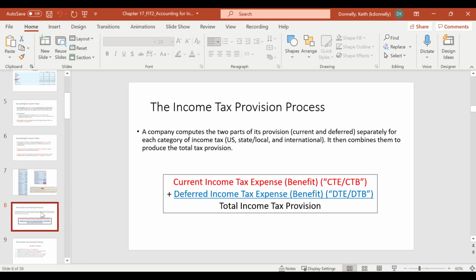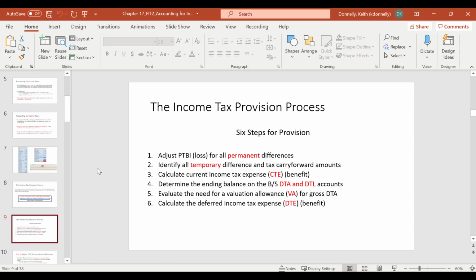What you're going to pay now in tax versus what you may have to pay later in tax in light of those temporary differences. Overall, when we figure out what our income tax provision is, it's going to be the combination of the two. So CTE plus DTE equals our total income tax provision.